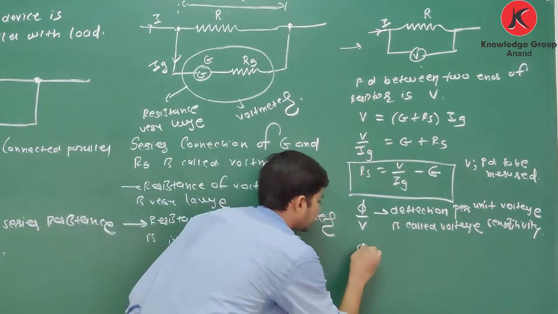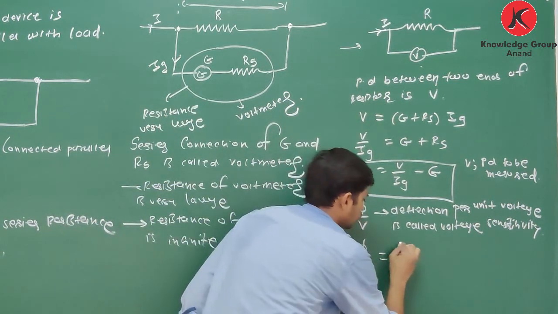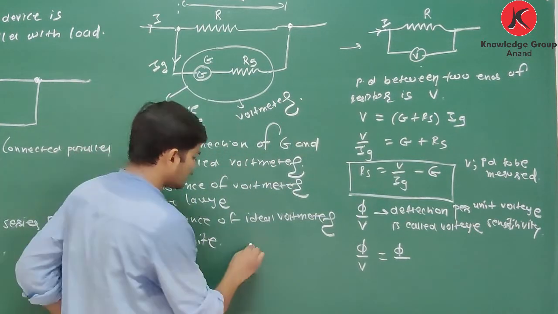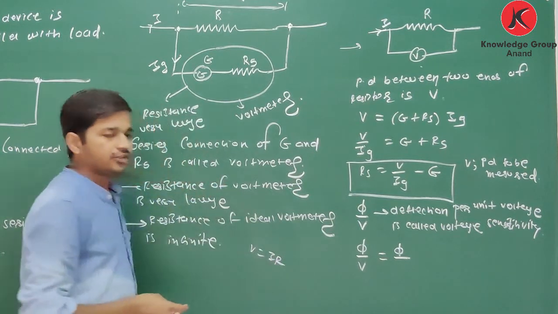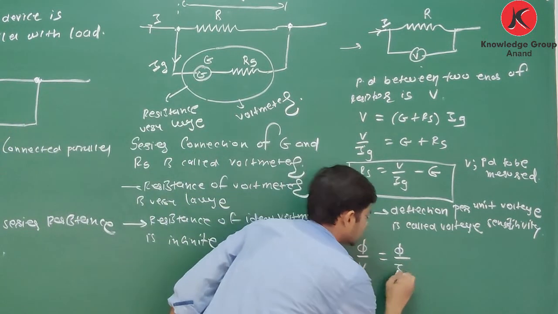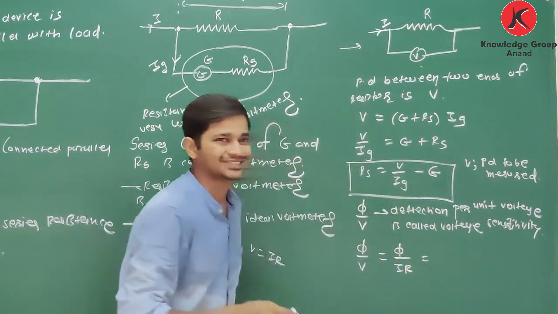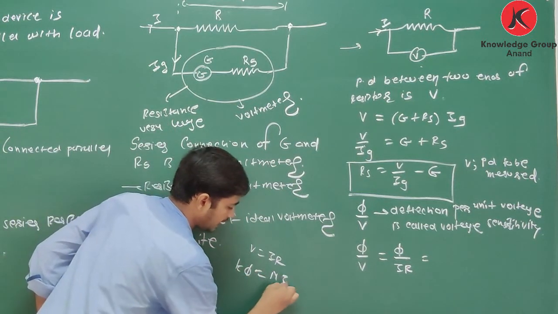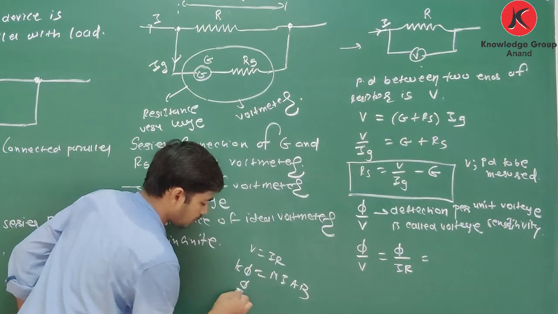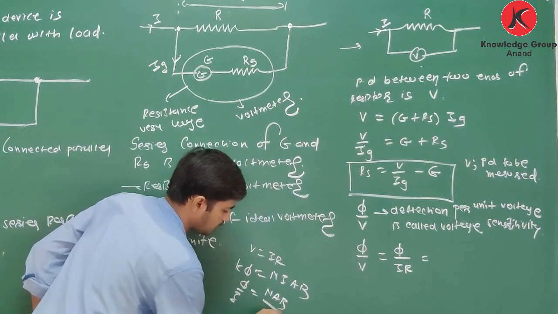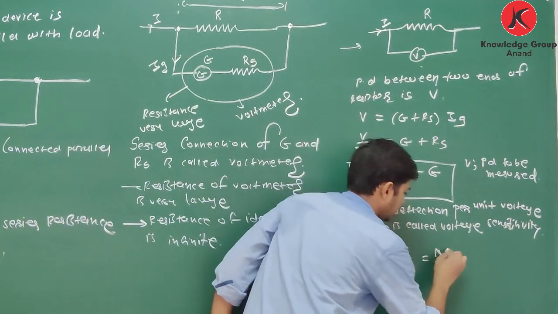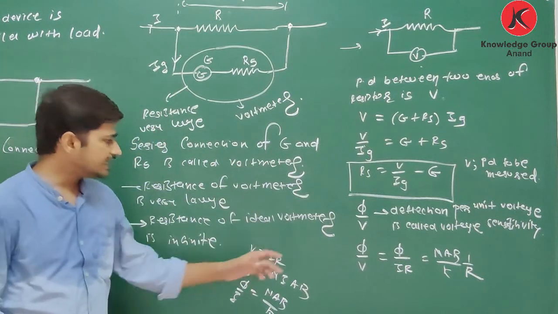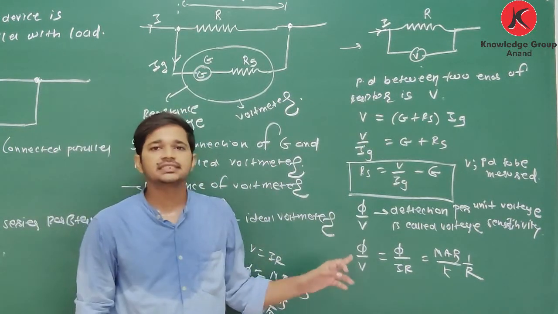Yes, you have to find phi upon V. We know that V is equal to IR. Now phi upon I, what is phi upon I? We have obtained, see, phi is equal to NIAB upon K. So phi upon I is NAB upon K, and here it is R. Clear? So it is the equation of voltage sensitivity.